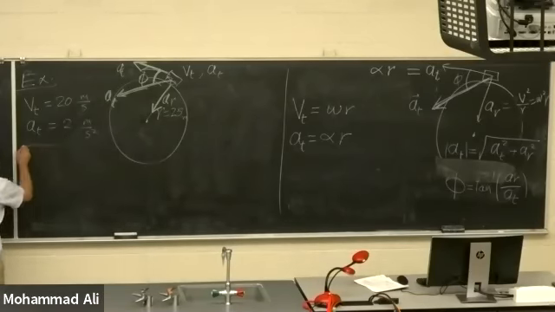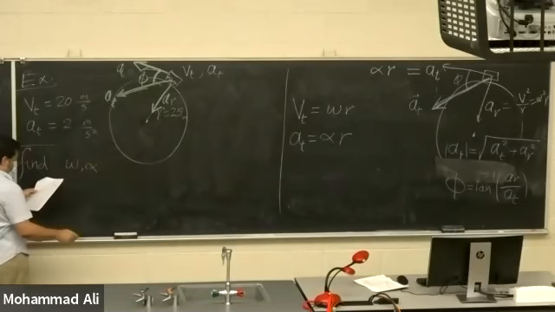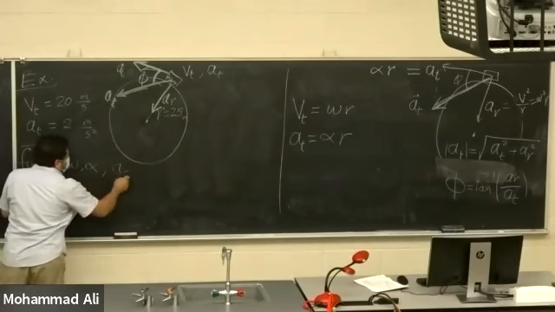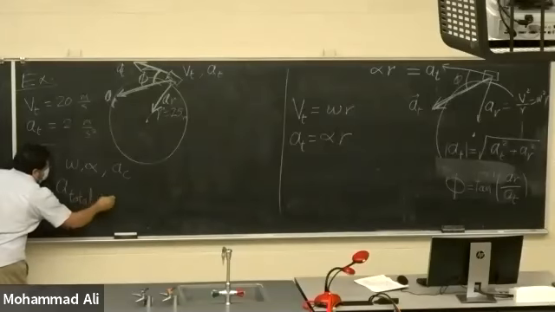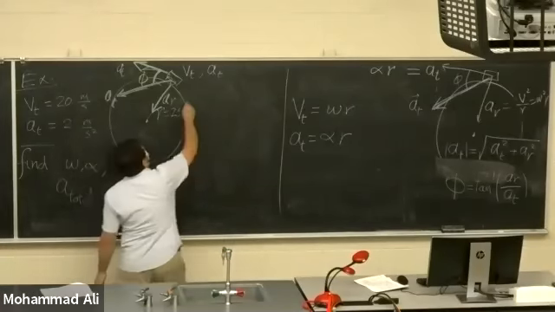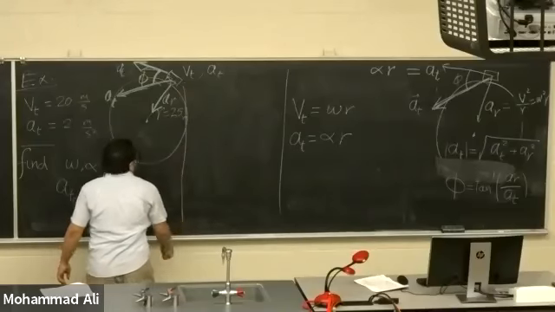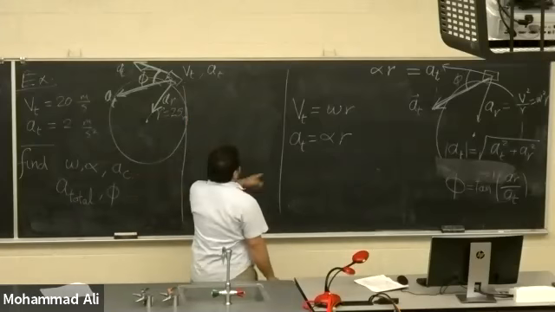We need to find omega, alpha, AC, A total, and phi. The first one, omega. This is the relation.